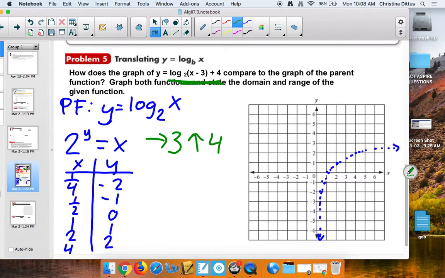Does everyone know where we got this from? This is the x part, this is your y part. So what that means is take each point from the parent function and move it right 3, up 4. I'm going to start with the nice whole numbers, like (1, 0). Move it right 3, up 4.